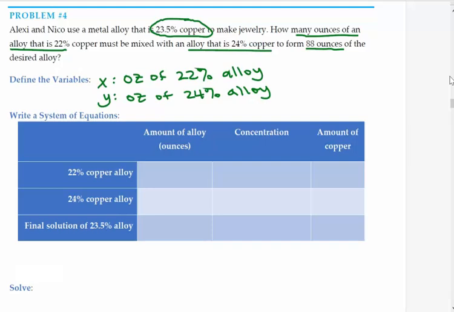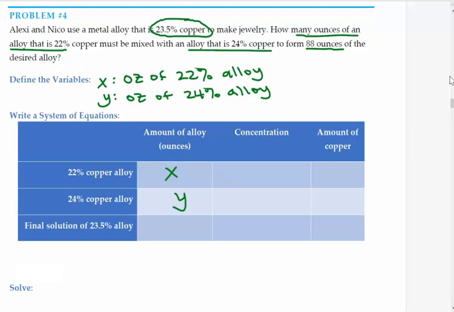So I don't know how many ounces I need of that 22% alloy. That's what I'm looking for. So I called that X, and I called the 24% copper alloy Y. But then altogether, how many ounces do we want to end up with?